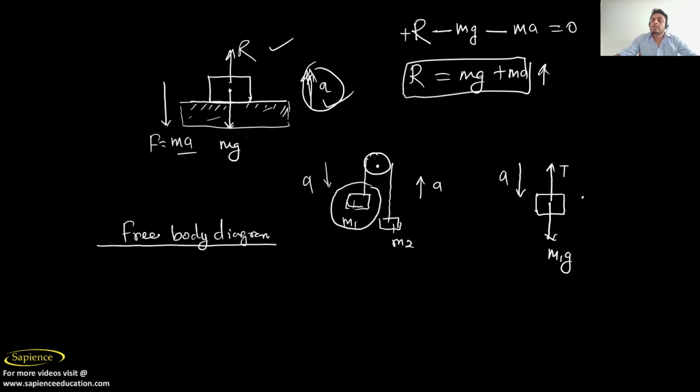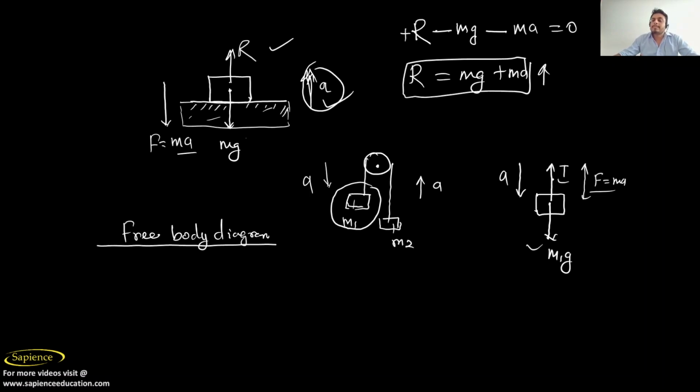Pseudo force. So you should try to use pseudo force. Pseudo force will always be in the opposite direction of acceleration. So here it will be F is equal to ma. So totally how many forces are there? Tension force, pseudo force, and m1g force.